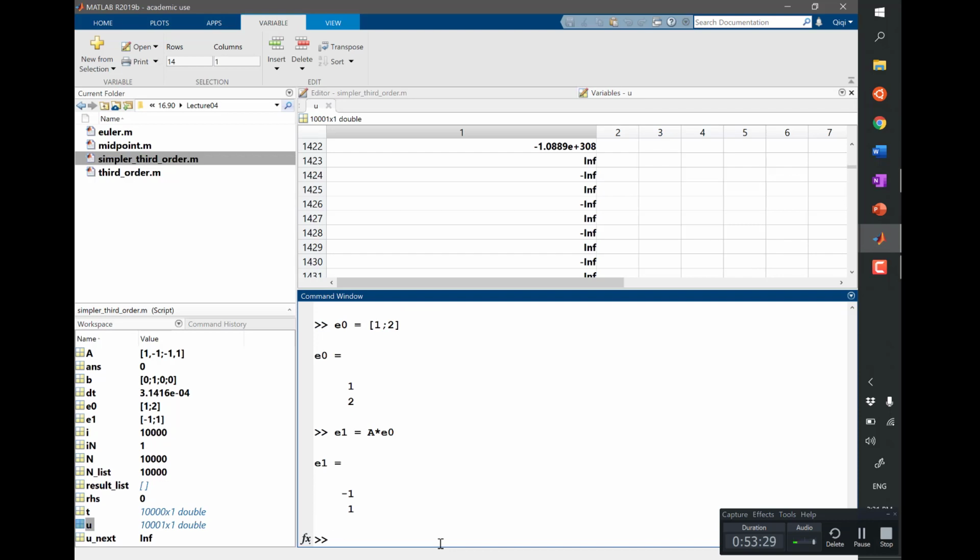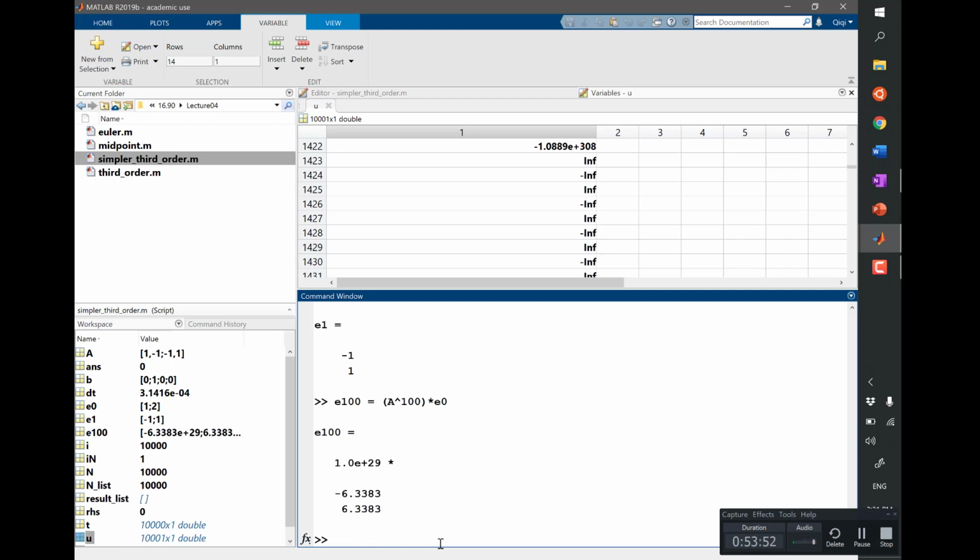Okay, I get an E1. So when I multiply a matrix multiple times, what does it mean actually? I can just take a power of the matrix, right? So let's say E100 is equal to the matrix to the 100th power times E0. I can do it 100 times; you get the same answer.